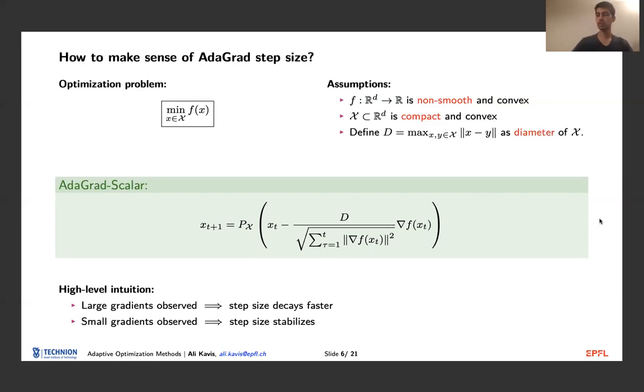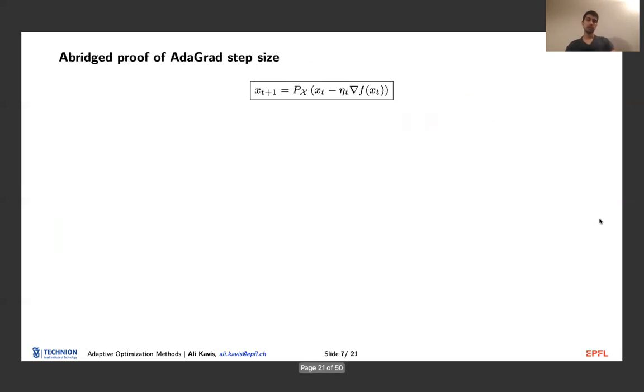Okay, so let's move on to the theoretical proof. This is not a full proof, just a few steps which I believe are the most relevant for explaining the AdaGrad step size. In this setting, we won't make any structural assumption about eta_t. We just assume we don't know how to apply AdaGrad.